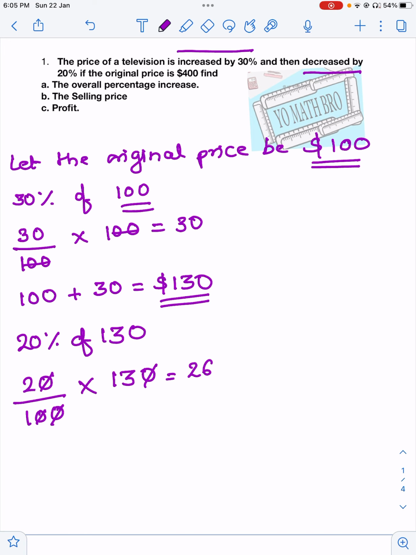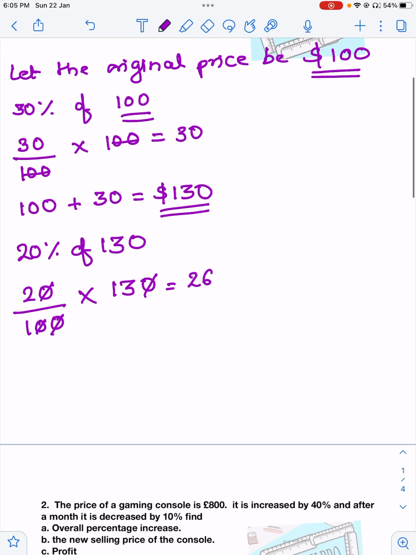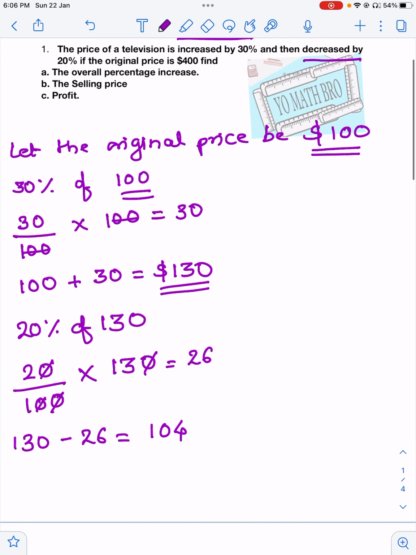But mind you, this was a decrease. So from 130, I will subtract 26 and I get 104. After these two conditions, increasing by 30% and decreasing by 20%, I am getting 104.